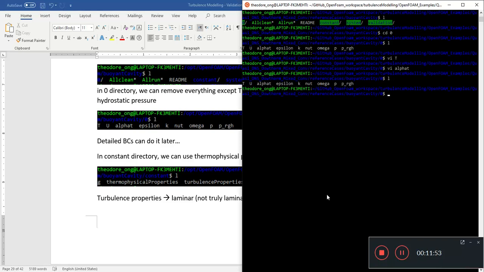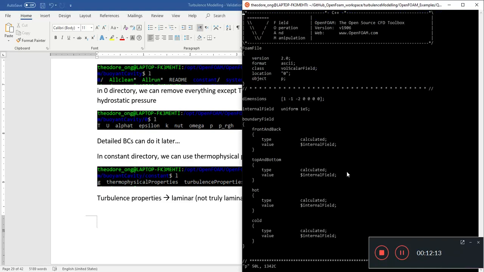Of course here, if you were to use the K epsilon model, these two fields will be important. For the K omega model, these two fields will be important. Now, one more difference is this p_rgh. p_rgh is what we use for buoyant cases, for example buoyantPimpleFoam. Normally we don't calculate the total pressure.